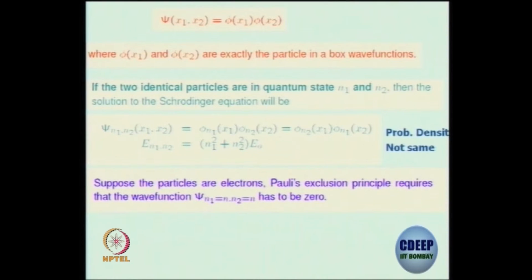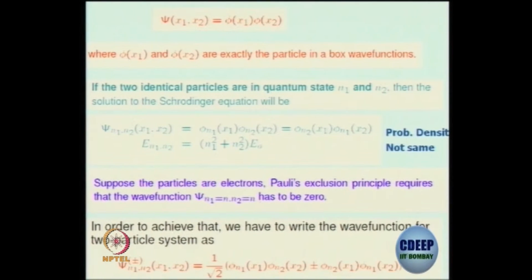When I put n1 equal to n2, the wave function has to vanish. That's it. There is no such solution possible. Only the trivial solution. So the probability density, if you try to work it out for this case, is not the same, and you want Pauli's exclusion principle to be satisfied. That is, the wave function has to be 0 when you put n1 equal to n and n2 equal to n. So how will you achieve both of them?